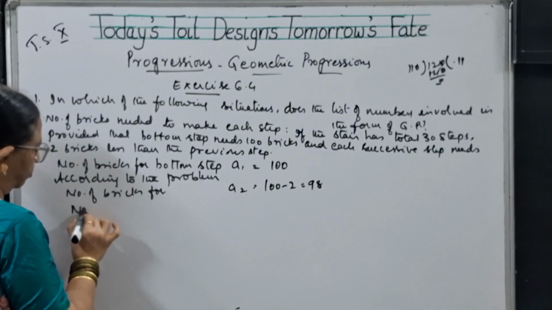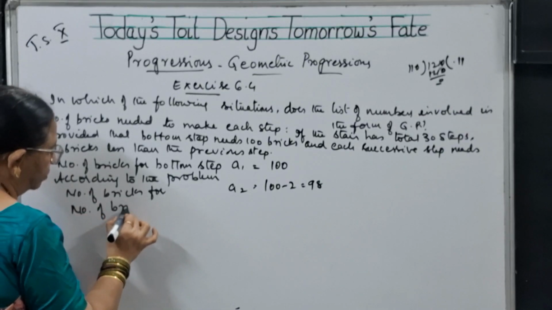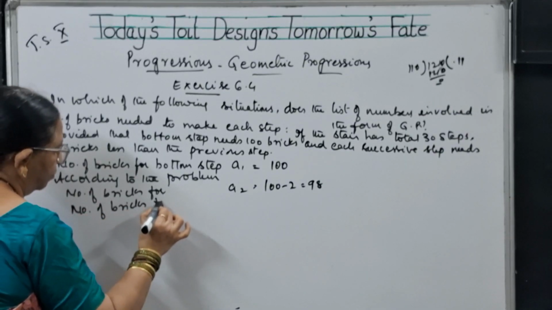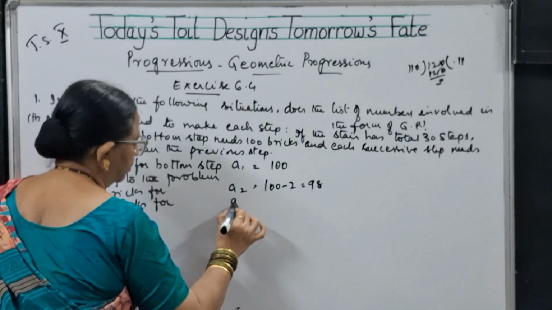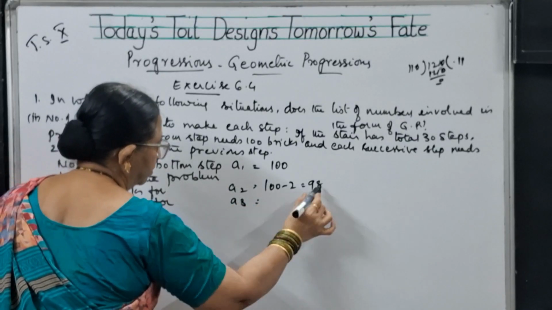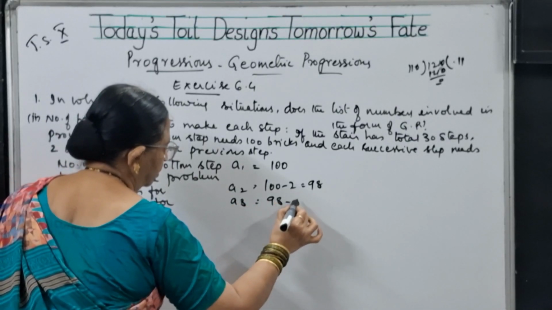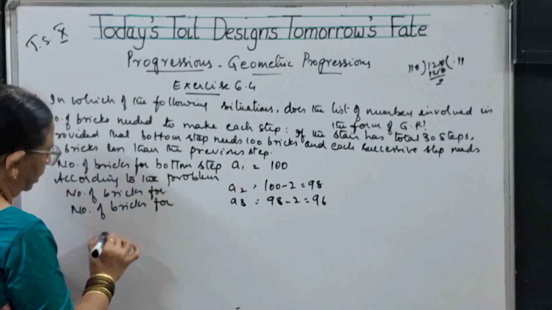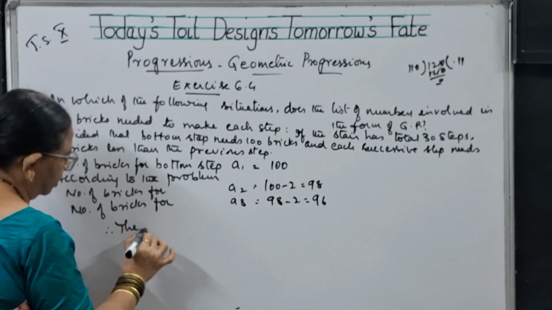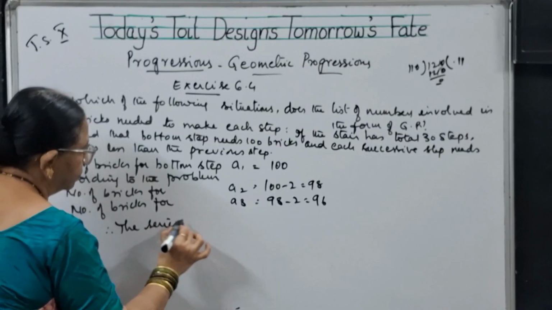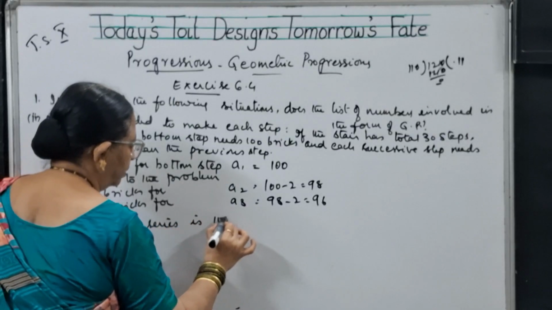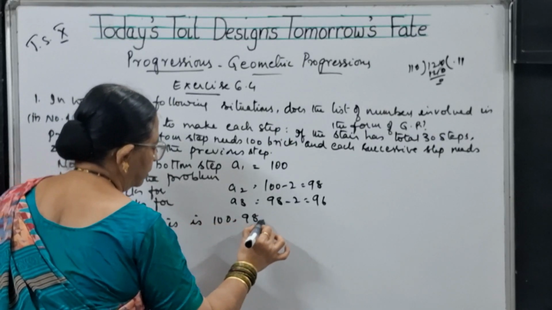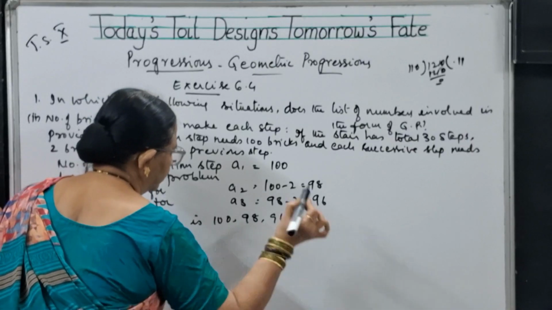And the number of bricks for the next one, that is A3, from 98 you have to take 2, that is 96. So we are getting the series as 100, 98, 96, and so on.